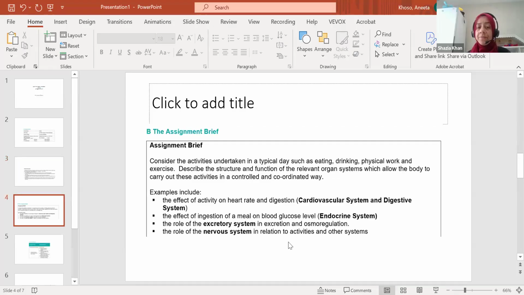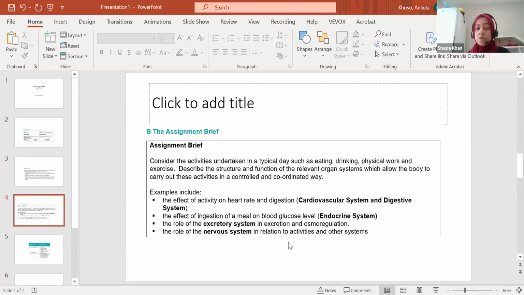Coming towards the assignment brief, you need to undertake a typical day, such as eating, drinking, physical work, and exercise. Here you have to describe the structure and function of the relevant organ systems that allow the body to carry out these functions in a controlled and coordinated way.